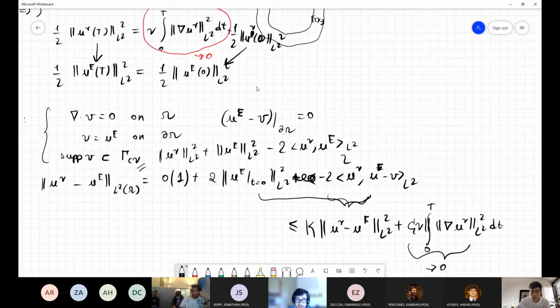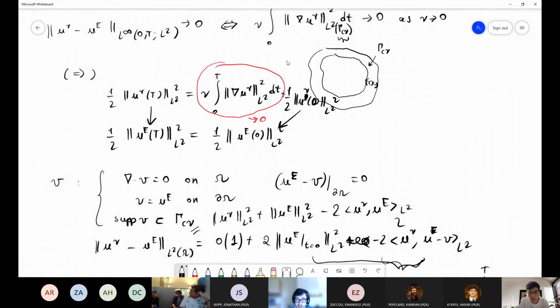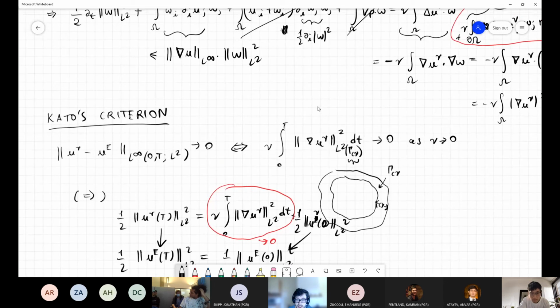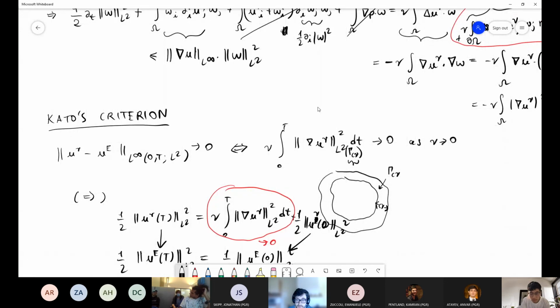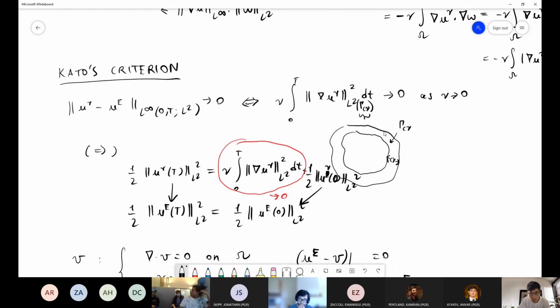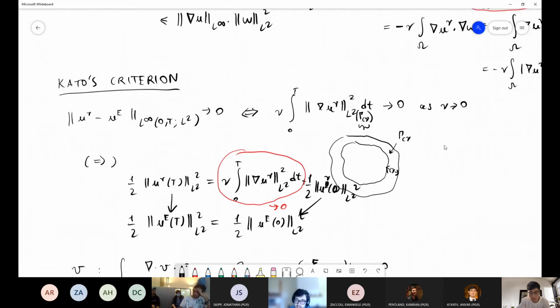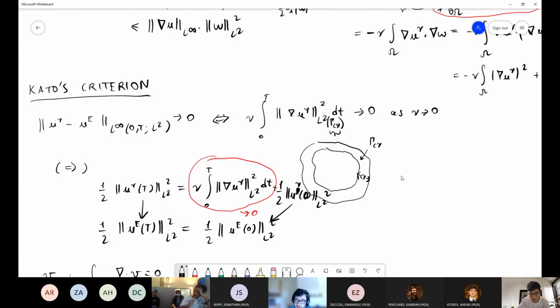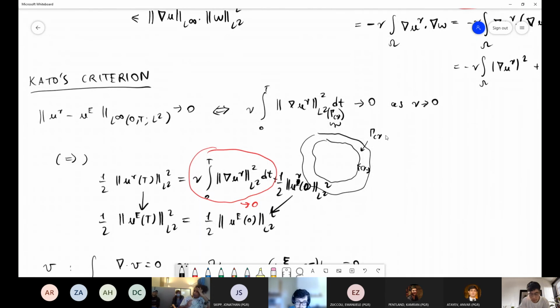So this is the main idea. And yeah, this shows that for this type of question, what is really important is what happens in a strip of size asymptotically equal to the viscosity.